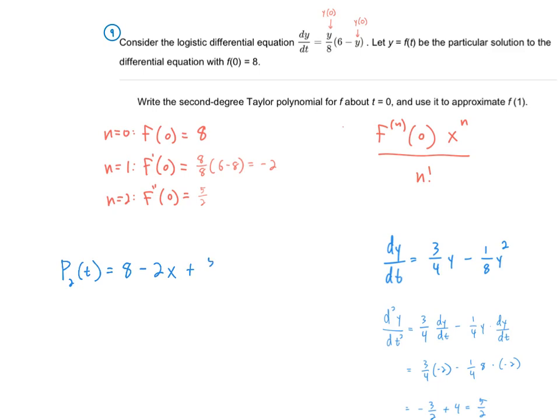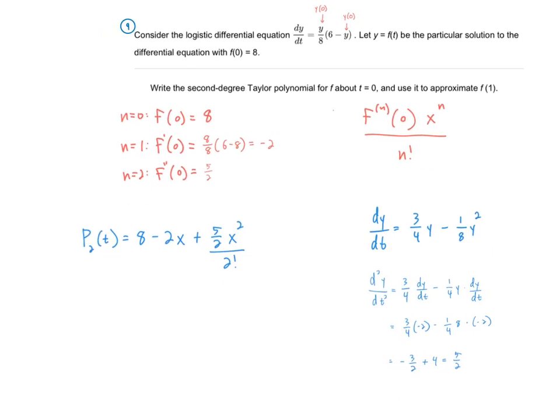The last one will be 5 over 2 times x squared. And then this is really over 2 factorial, like that. Which means this is 8 minus 2x plus 5/4 x squared. Oh, those should be t's.